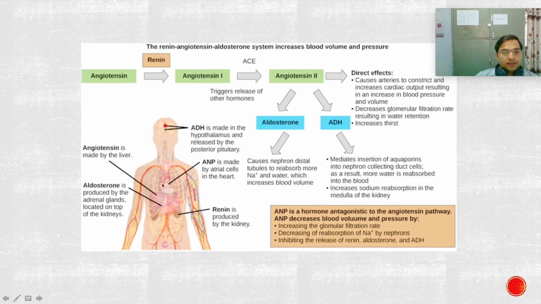The ANP and the BNP, atrial natriuretic peptide from the heart atrium and heart ventricle, work antagonistic to other mechanisms, right? It basically does vasodilation and causes fall in blood pressure, right? So these are the neurohormonal systems which regulate the blood pressure and heart rate.